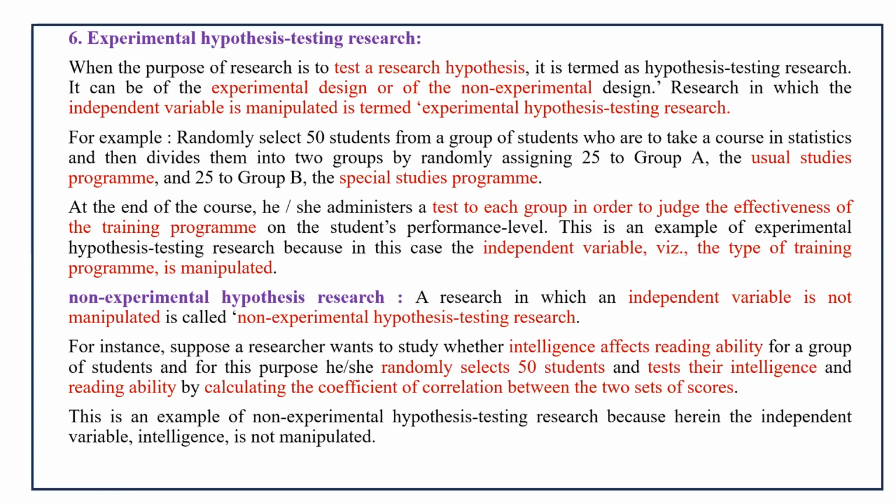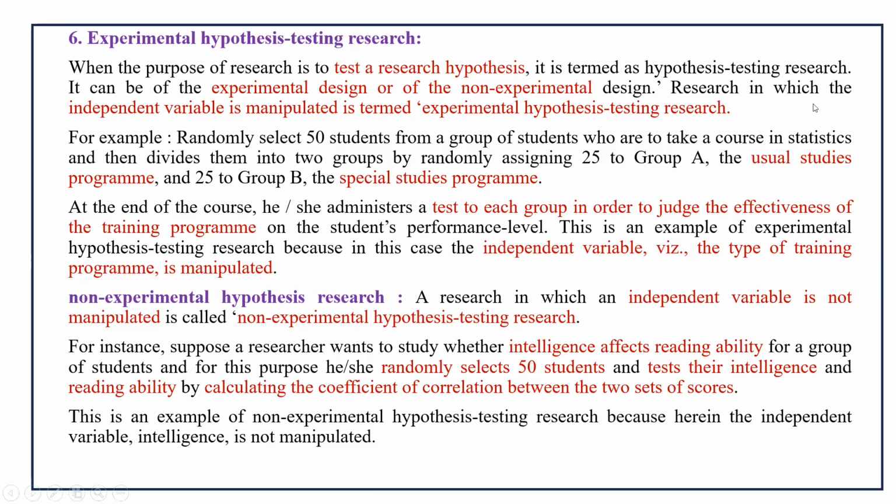What does it mean? Experimental hypothesis-testing research is again research to test a research hypothesis, obviously, because it is hypothesis-testing research, and it can be of experimental design or of non-experimental design. So you can test it with many experiments, or you can just test it with data where no experiment is needed and you have just collected the data.